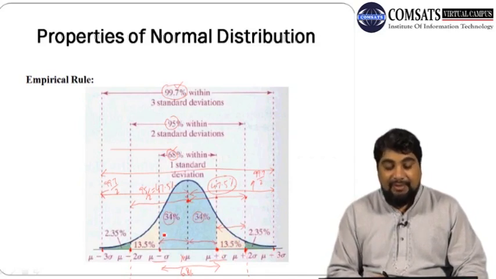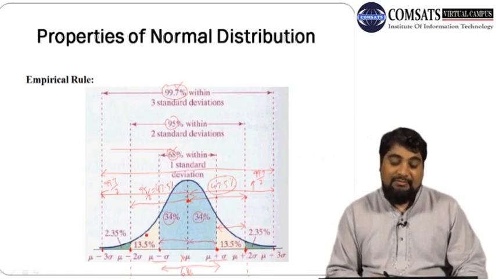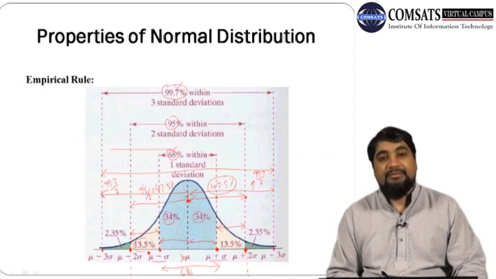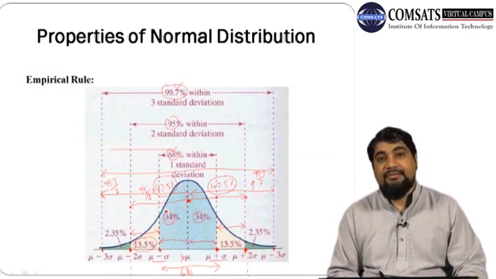Similarly, since the normal distribution is symmetric, the area between mu plus sigma and mu plus 2 sigma will be the same as the area between mu minus 2 sigma and mu minus sigma. So this is also equal to 13.5%. Or again, by using the same logic, we know that the area between mu and mu minus 2 sigma is 47.5%, and the area between mu and mu minus sigma is 34%.